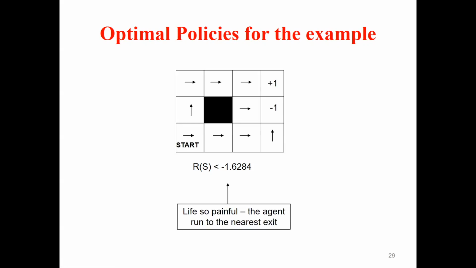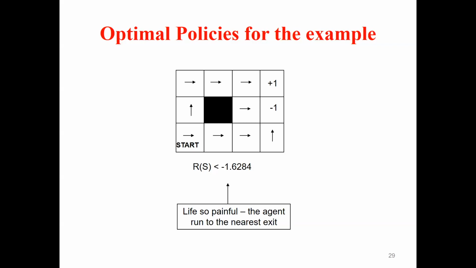Let's see the solution. Now try to see the arrows. In this case, I do not want to look for a larger path. I want the shortest path. And even in this case, I'm ready to finish the problem by landing in the -1 state.